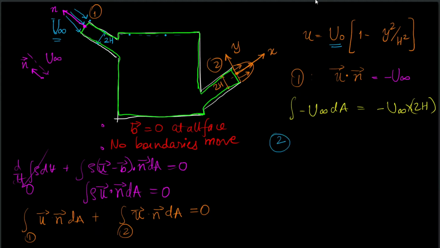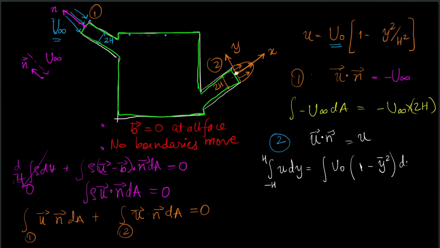What about the second cross section? The u is in this general direction along the local x coordinate, and the normal vector to this green area is also pointing along x. So u dot n cap will be whatever this velocity profile is, u. So now it simply becomes integral u dy going from minus h to h, and this becomes integral u naught (1 minus y bar squared) dy bar h.